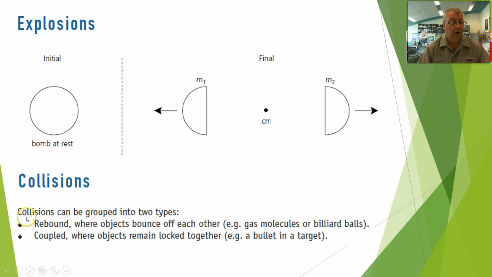And collisions can be grouped into two types: the rebound, where they bounce off each other, gas molecules, billiard balls, or coupled, where they lock together, a bullet in a target, trains coupling, or shopping trolleys linking together, things like that.